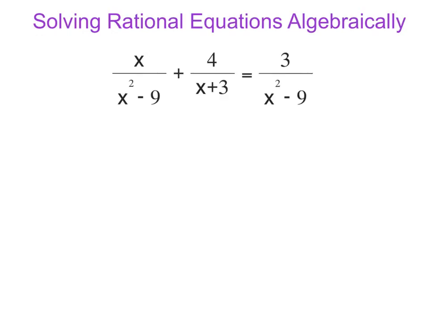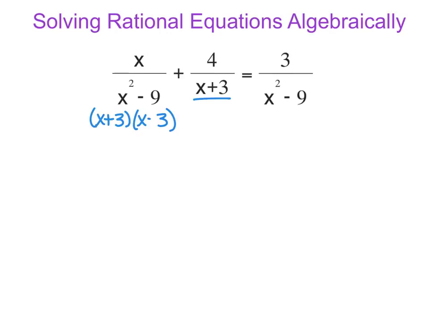Let's check out one more example. Let's say I have this system of rational equations where this is one equation and that's another equation. I'm going to solve it algebraically and then check graphically if I'm right. What I have here is two different denominators. I've got x squared minus 9 and x plus 3. I know that x squared minus 9 is the same as x plus 3 times x minus 3.